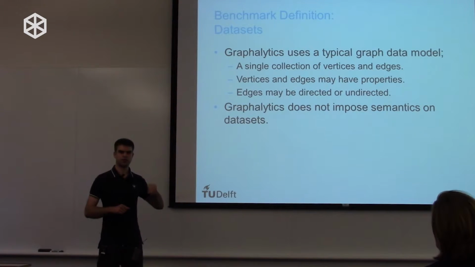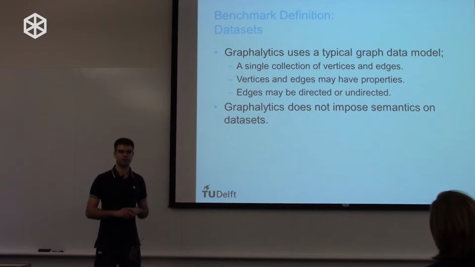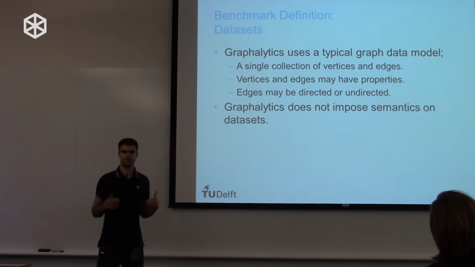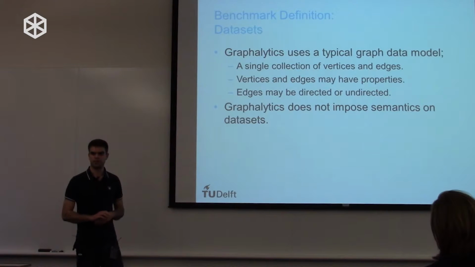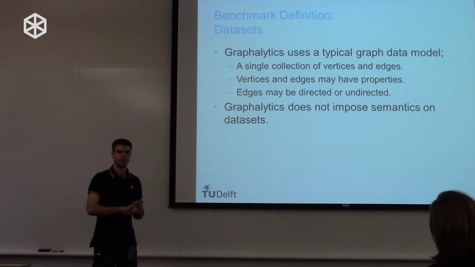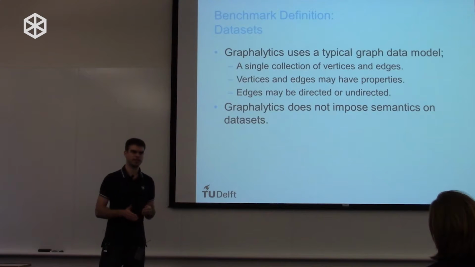So we're not just looking at social graphs, we're not looking at any particular kind of graph actually. As long as it's a graph and as long as it has the properties required to run, for example, single source shortest paths, then it can be included in the benchmark. And this feature is important because we try to really cover the space of graph analytics and not be too narrow on any particular application.